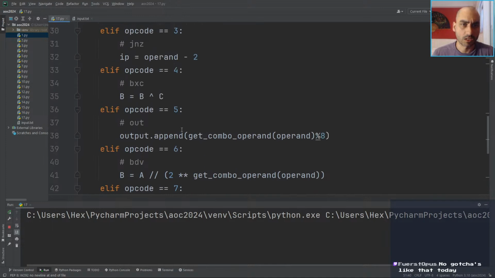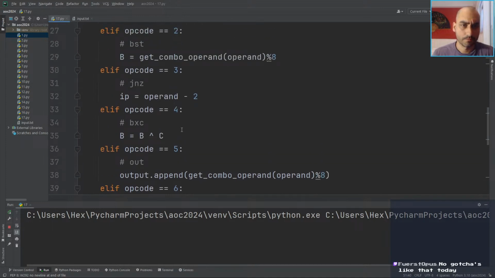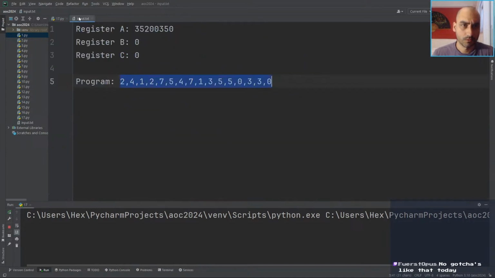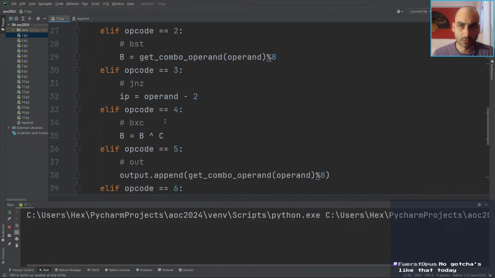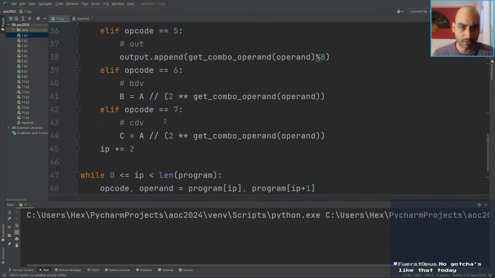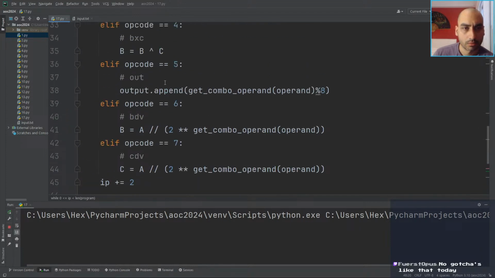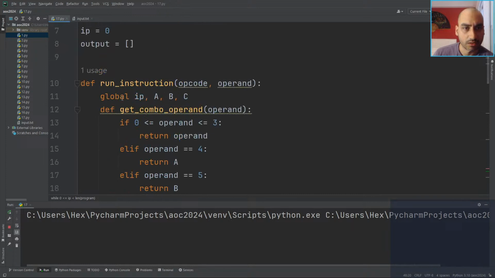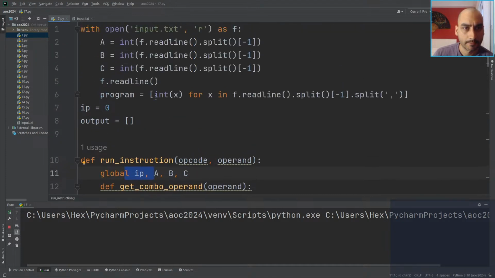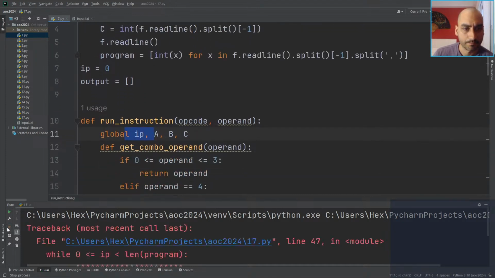How long is this going to take? It's a short program, but it's already taking a while. I think it might be stuck in a loop. While IP... Am I definitely modifying this IP? It should be. No, stop it.